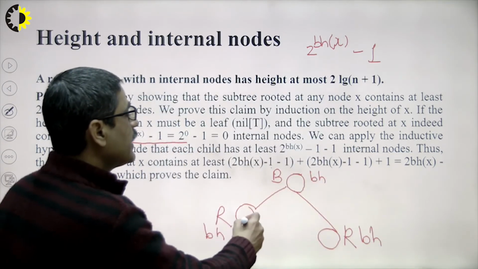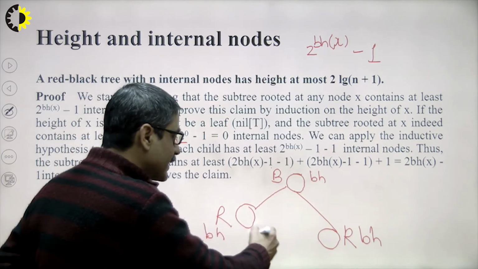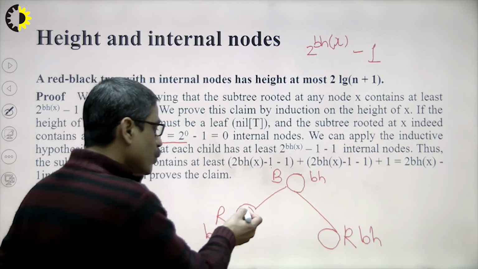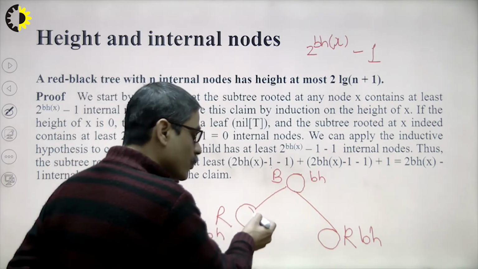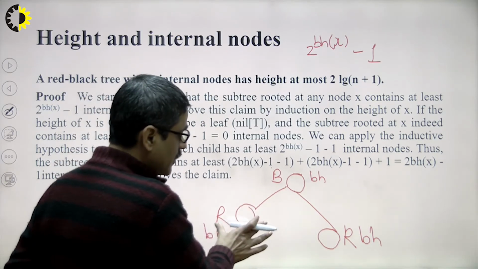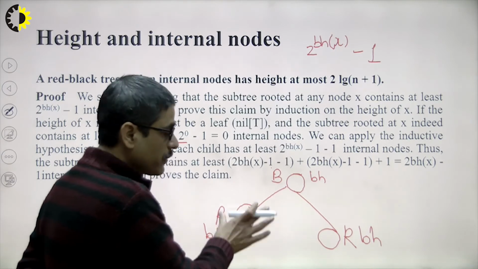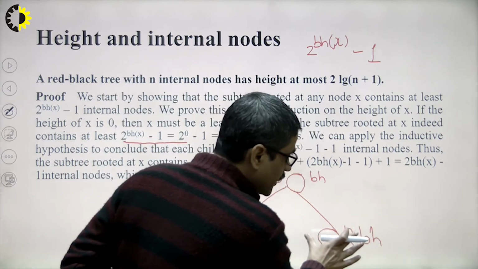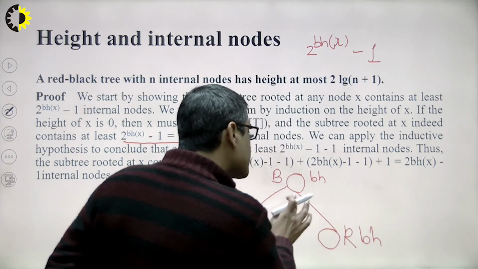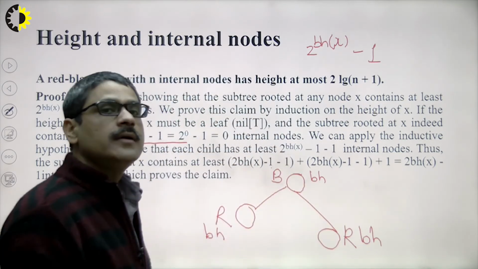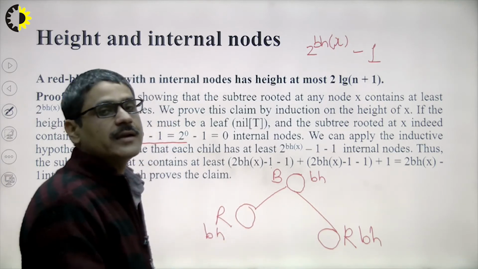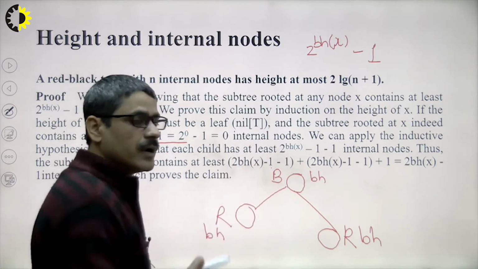If you are finding the total number of internal nodes for this tree, whatever subtree this particular node has, that total number of internal nodes, plus whatever internal nodes this other subtree has, and then plus 1 if it is an internal node. Suppose we are considering that over here it is an internal node.